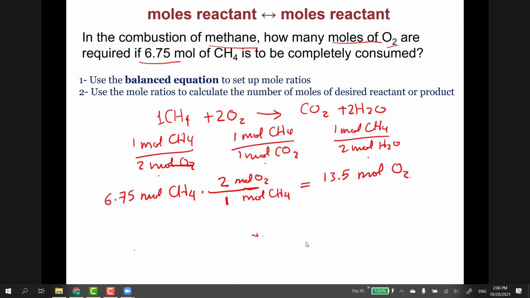We can similarly calculate the number of moles of any other species, like the number of moles of carbon dioxide that would be produced, or the number of moles of water that will be produced when this reaction is complete.